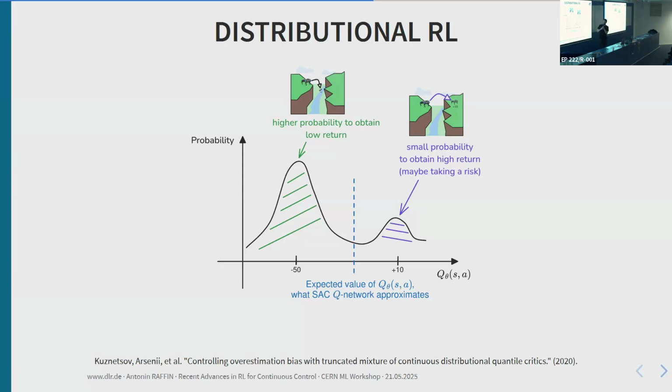So the idea behind truncated quantile critics is to model this using quantile regression, to model the different quantiles of this distribution, and to overcome the overestimation error, you drop the highest quantiles, so that you underestimate your Q value a bit.